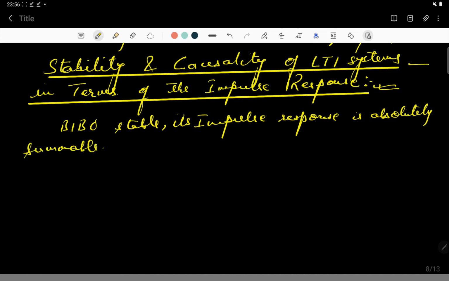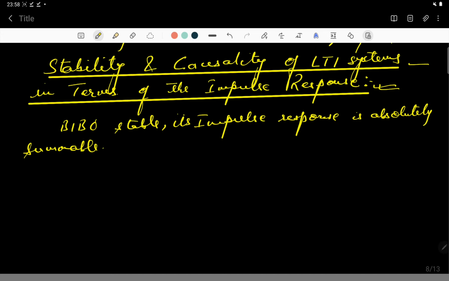So this is stability. And what is causality? Causality is simply that the system depends upon the previous input or the present input, not on the future inputs. Its response. Okay, let's move forward.